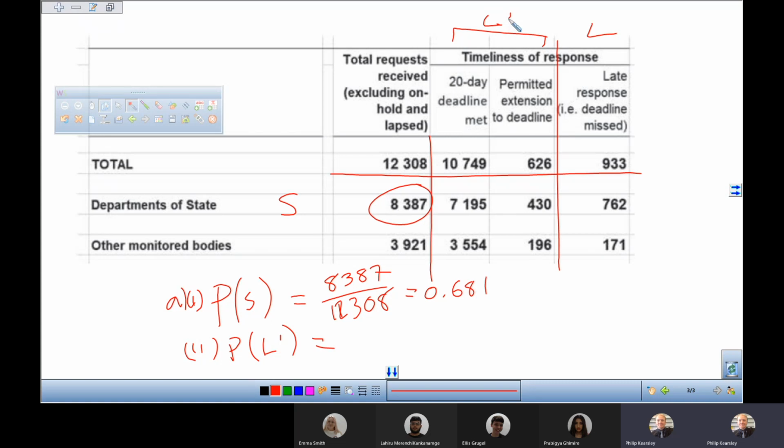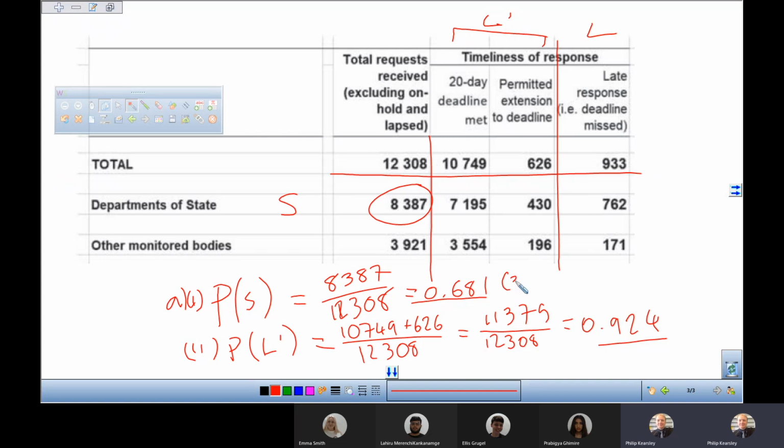Overall, that's 10,749 plus 626. Or like I said, you could take away the 933 away from 12,308. You'll get exactly the same amount, 11,375. Three sig fig.